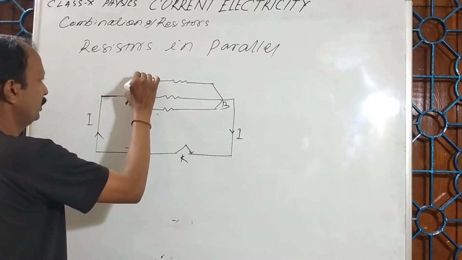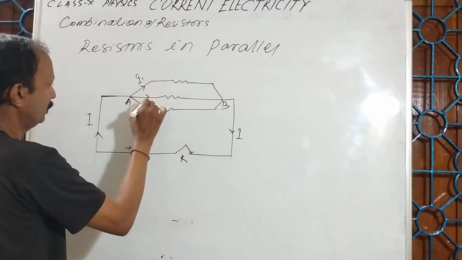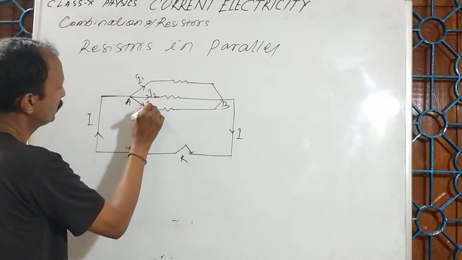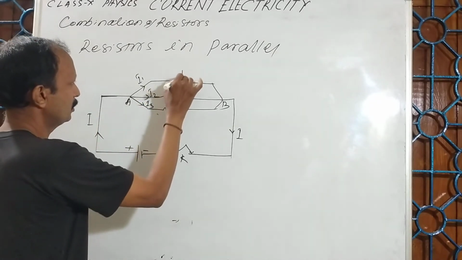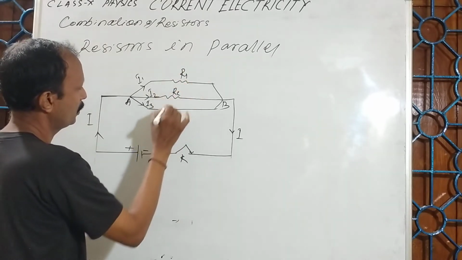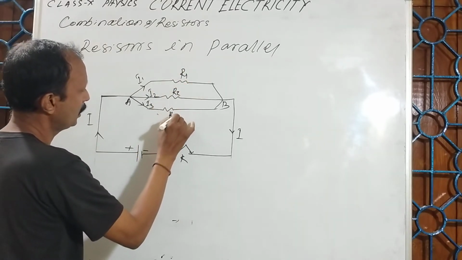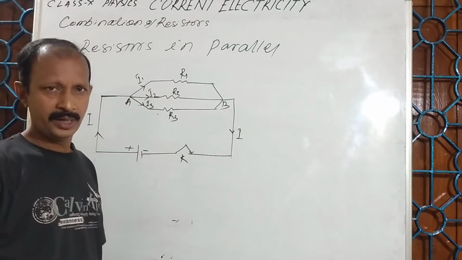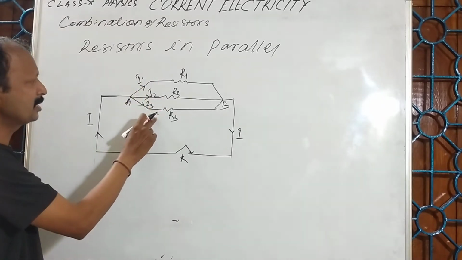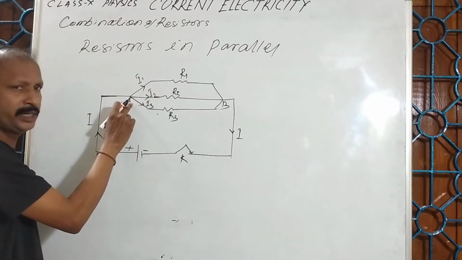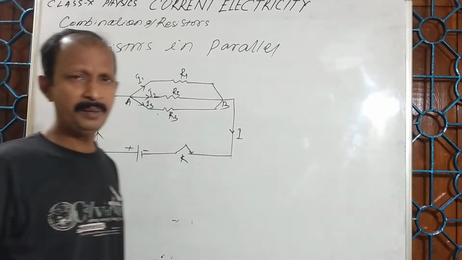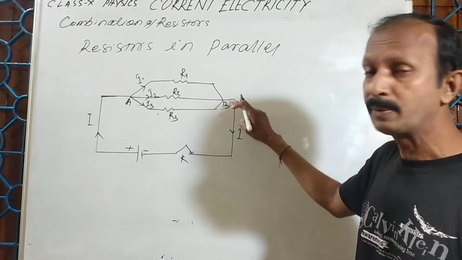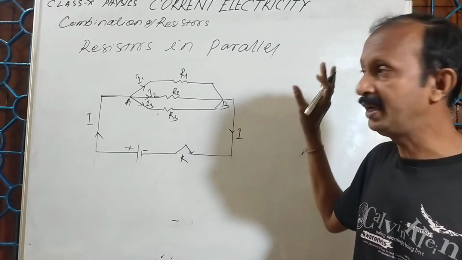So here the current is I1, here I2, here I3. The resistors are R1, R2, and R3. Listen carefully. In parallel connection, all the first terminals of the resistors are connected to a common point, and at the same time all the second terminals are connected to another common point, point B.